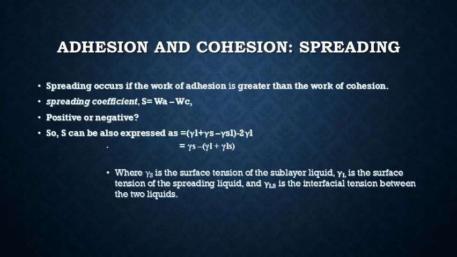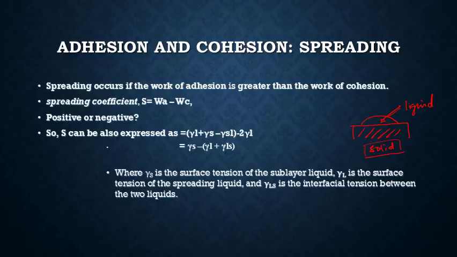So cohesion and adhesion. Then you will have the term spreading. Spreading occurs if the work of adhesion is greater than the work of cohesion. For example, you are trying to spread a drop of liquid on top of this solid.